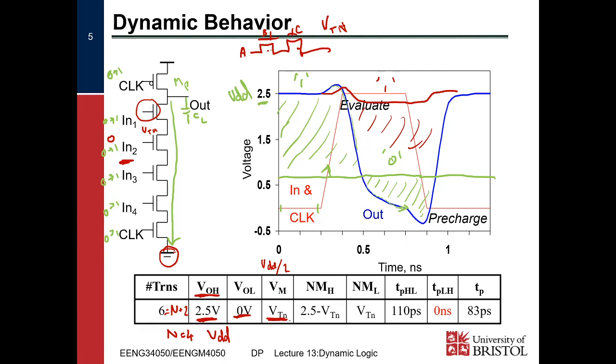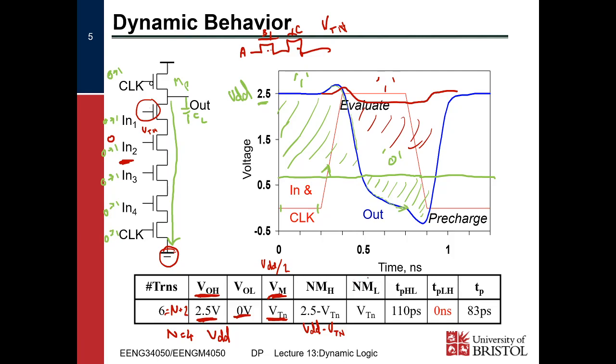And so if we know that our midpoint, our crossover point, is VTN, then we know that our noise margin on the high side, so the difference between our on high and our midpoint, is going to be VDD minus VTN. So we've got a large, very large in fact, noise margin on high output signals.